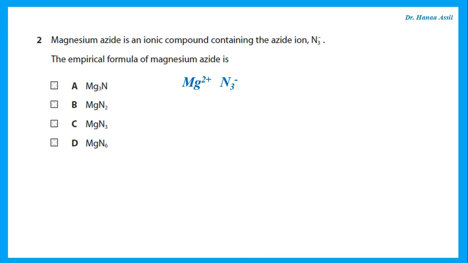The azide, we're told, is N3-. That means when we write the formula, we can write the valency of one under the other. So magnesium, I need 2 azide ions, so it can be written like this. So the choice here would be the correct one.